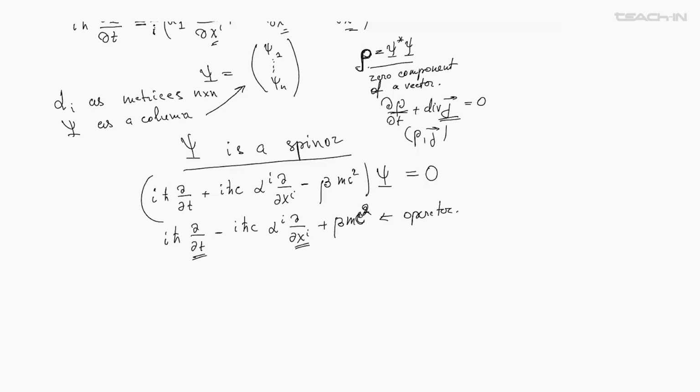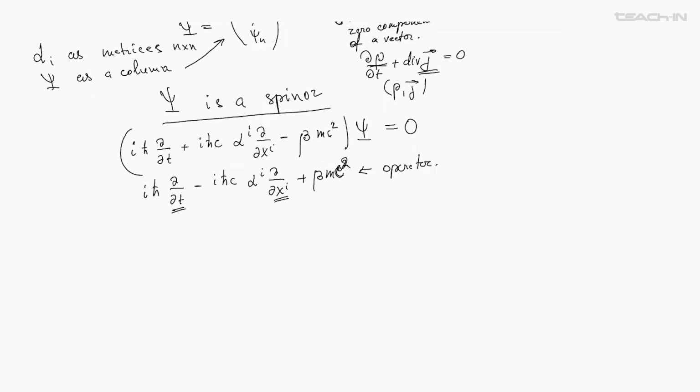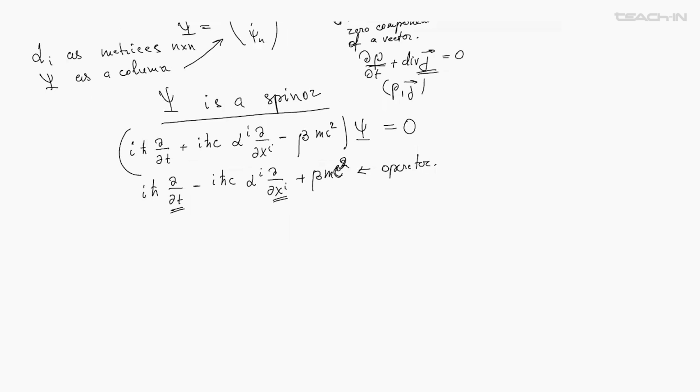And so what happens when I hit my equation from the left by this operator? What I will have then is the following. You have 3 terms here and 3 terms in the original equation, so altogether you will have 9 terms.